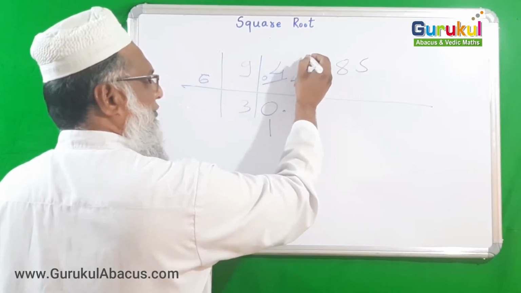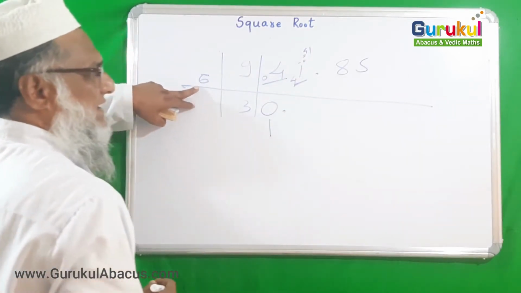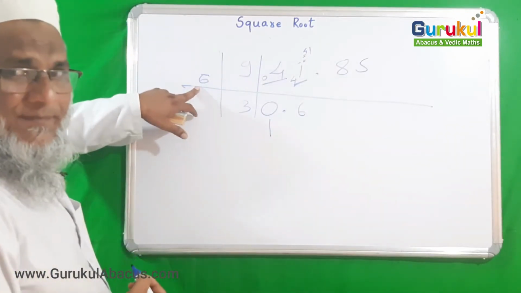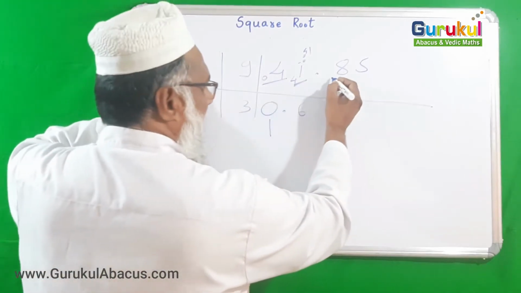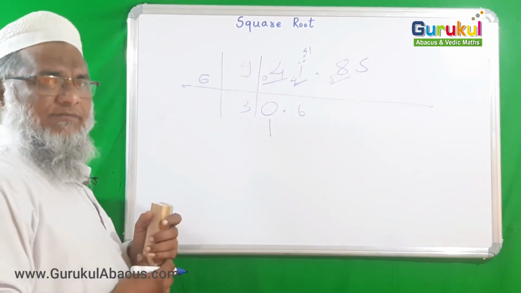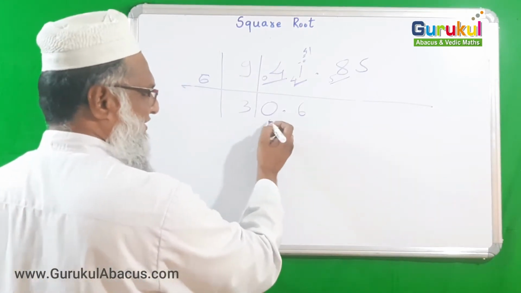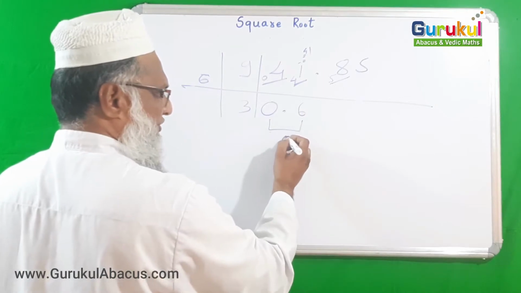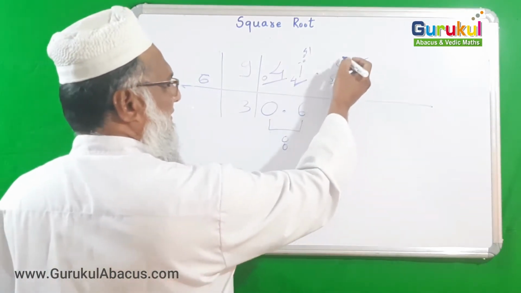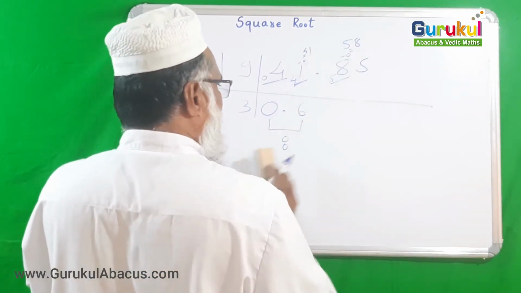So subtracting 0, again I am getting 41. Now if here is 6, then I can say 6 6s are 36. The remaining 5 I am adding here, and here we have 58. Now the dvandva of those 2 digits 0 and 6: if 0 is there, then the product is 0 and double of it is also 0. So nothing to subtract from 58, and finally I am getting 58.